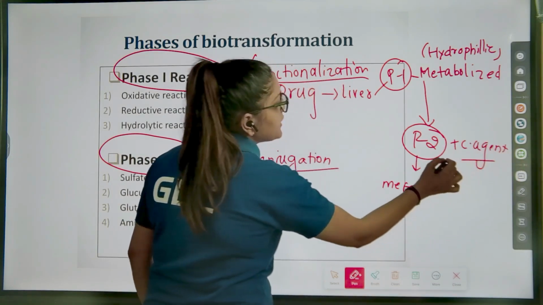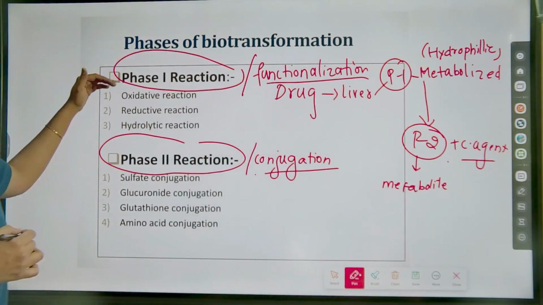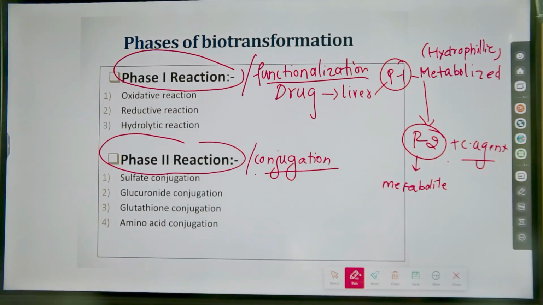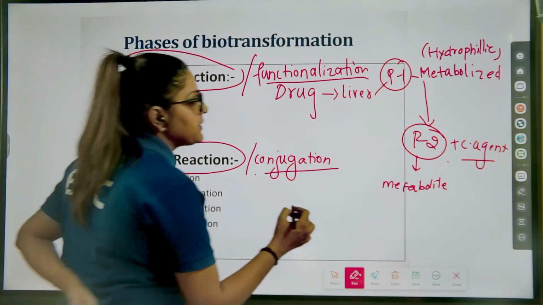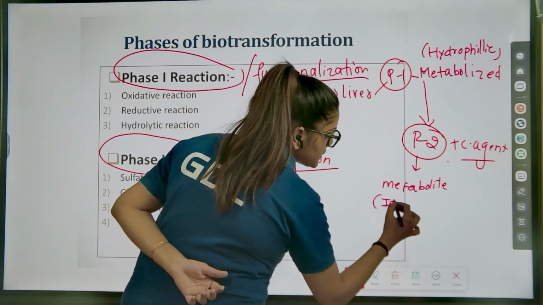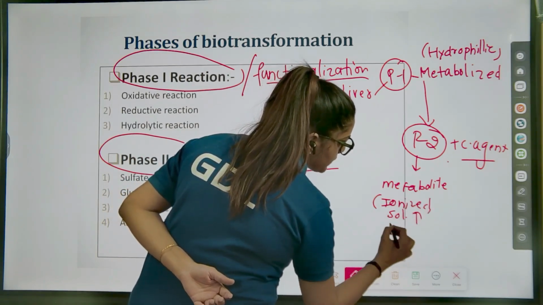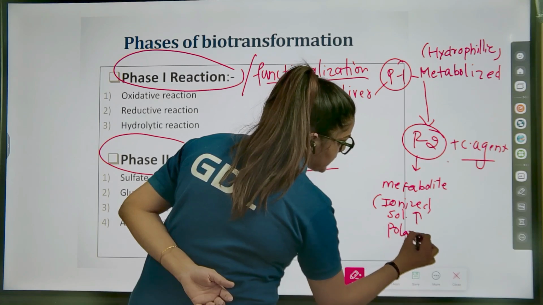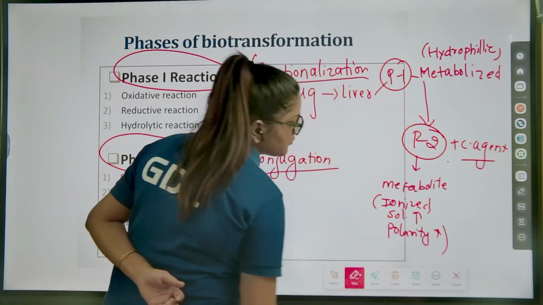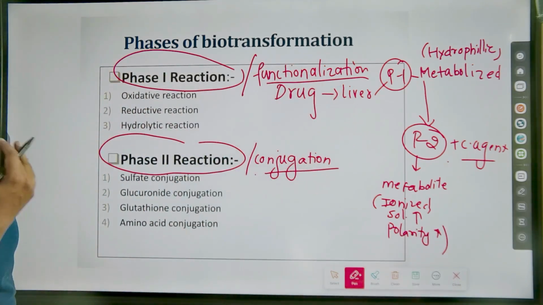So we ultimately have to see which ones are the phase 1 reactions and which ones are phase 2 reactions. The ultimate metabolite that is formed is in the ionized fraction. That means the solubility got increased, the polarity got increased, which makes it easier to be excreted.